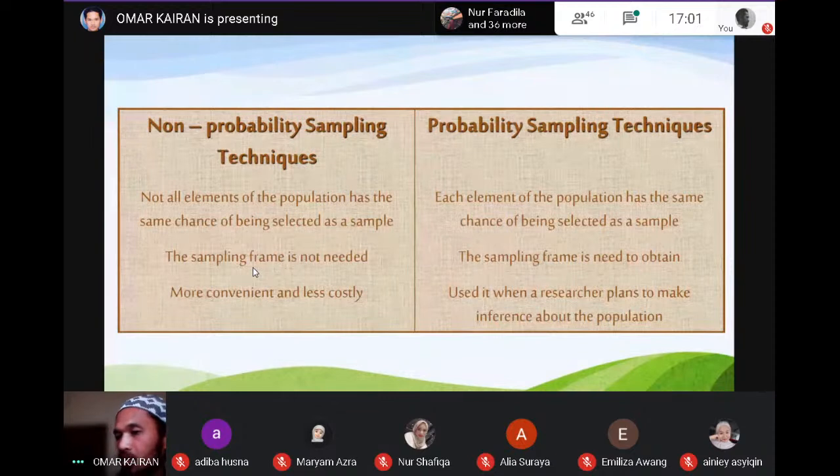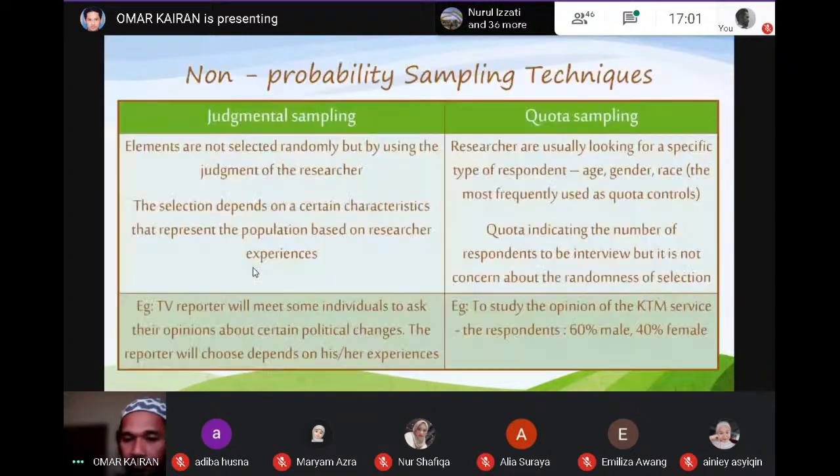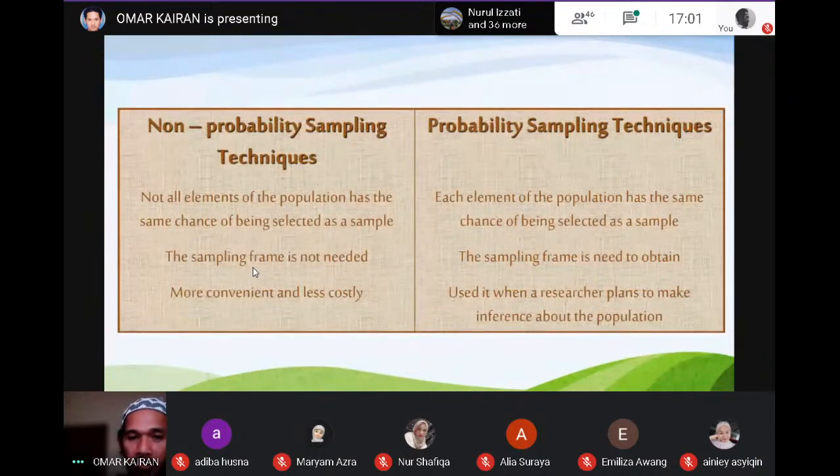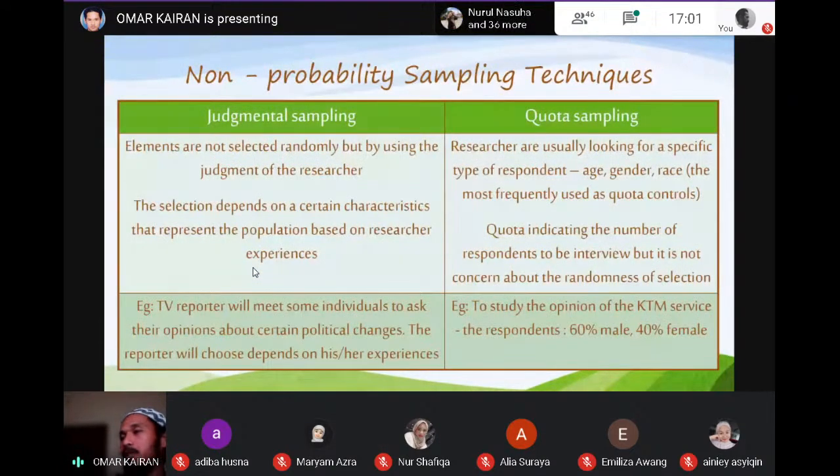So whatever decision you want to make is only applicable to the female students. It cannot be applied to the male students. Why? Because our data only involves female students, not the entire population. So it is non-probability sampling. That is the difference between the two. Any questions? If not, we continue to non-probability sampling techniques.